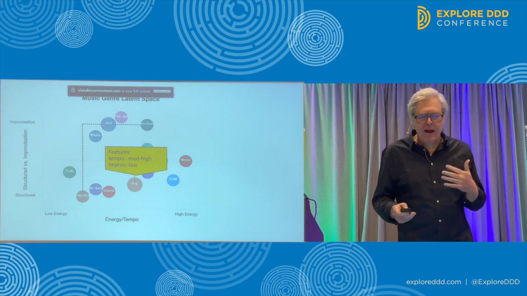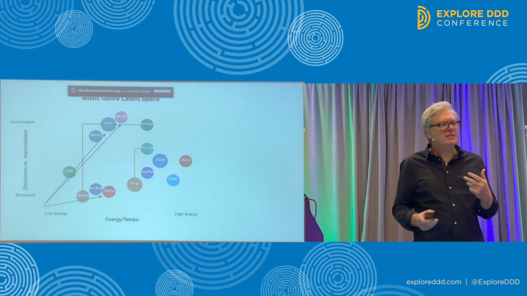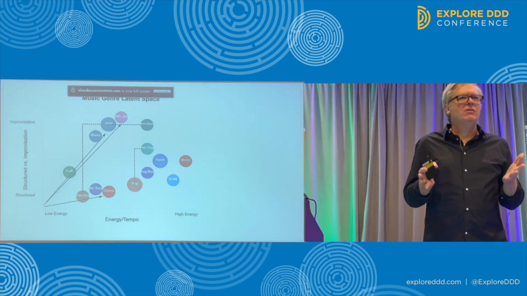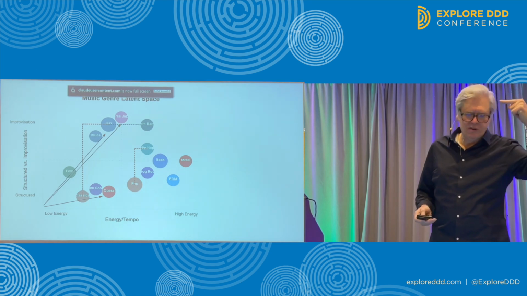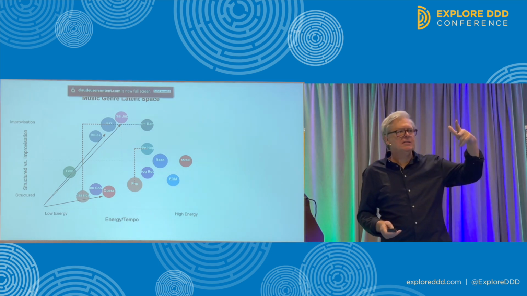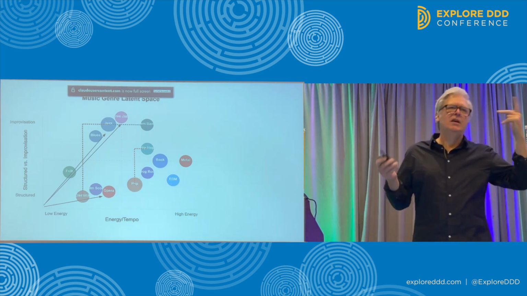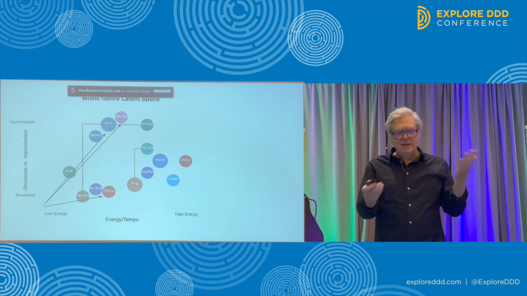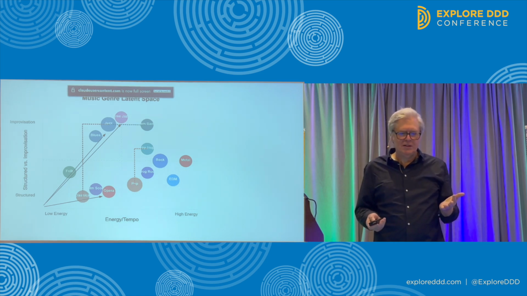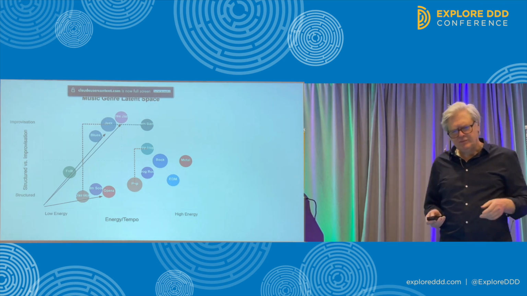And now we could take those numbers and put them in a vector. You could say, I want a 2-dimensional vector, and the first number in that vector is how it scores on the energy, and the second one is how it scores on the improvisation.